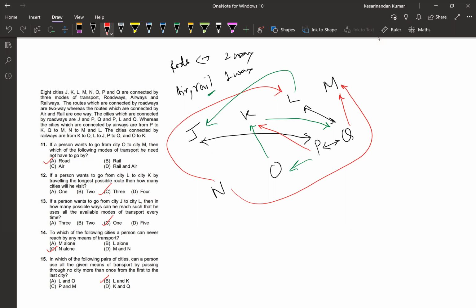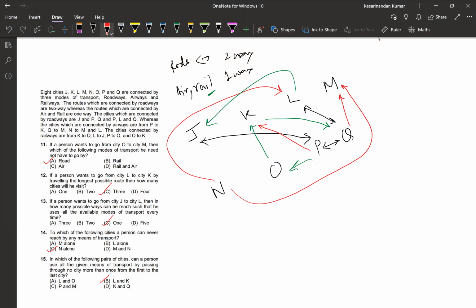Let's go for the 12th one. If a person wants to go from city L to city K by traveling the longest possible route, then how many cities will he visit? Guys, let's twist the question. What would be the shortest route from L to K in terms of cities? Since distance is not given here, this question is open to everyone.